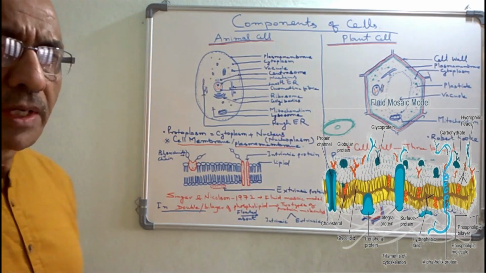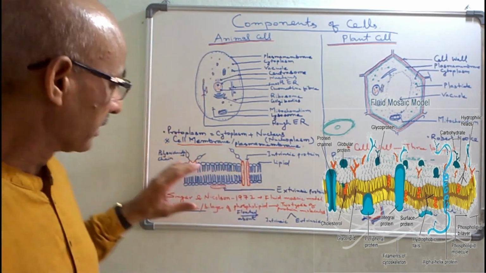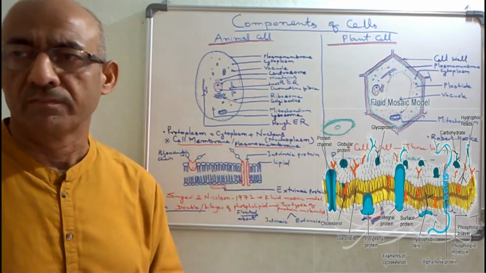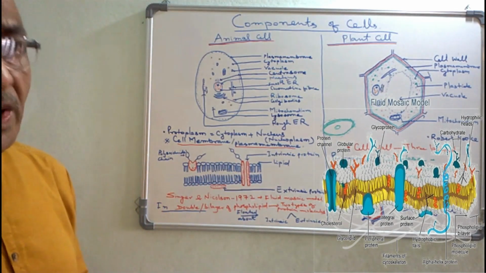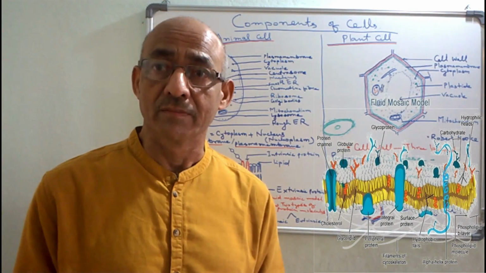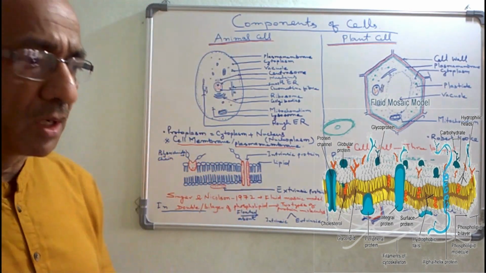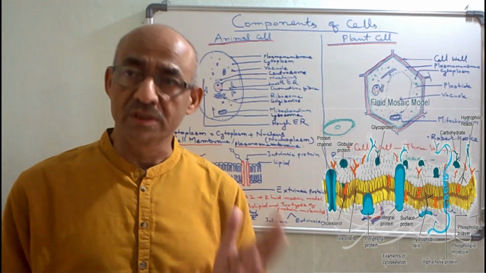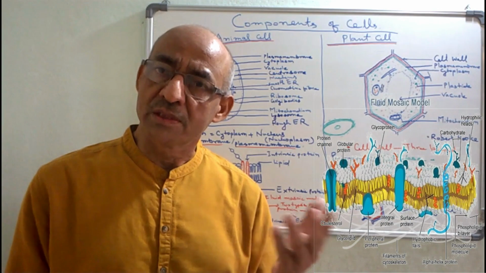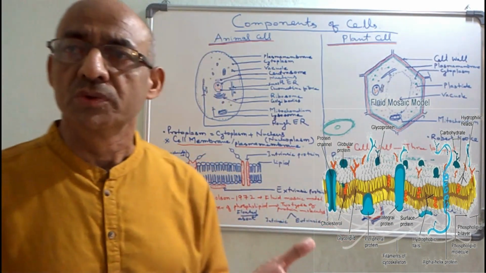Now, one more important point we should know. This layer serves as a selectively permeable membrane. Why is it called a selectively permeable membrane? Because osmosis is a process of diffusion actually.